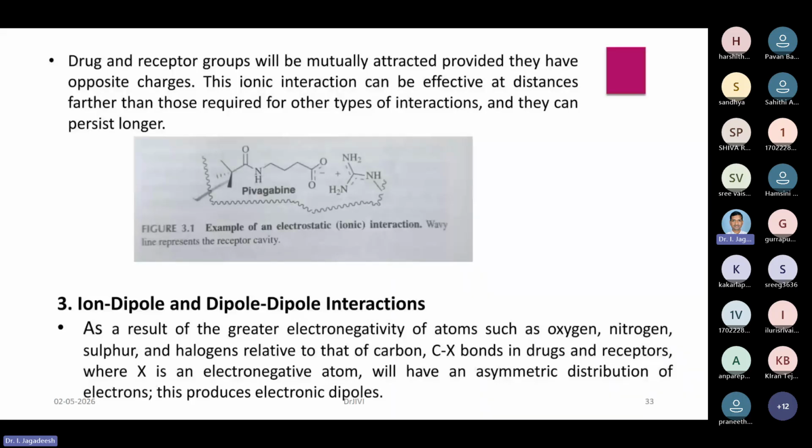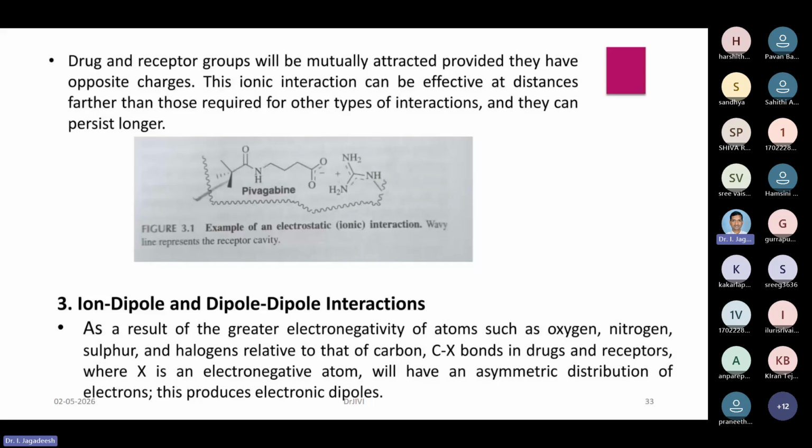This ionic interaction can be effective at distances further than those required for other types of interactions, just like a magnetic metal and a magnet get attracted even over a long distance. In a similar manner, with the North Pole and South Pole, same charges repel and opposite charges attract. So they persist longer.